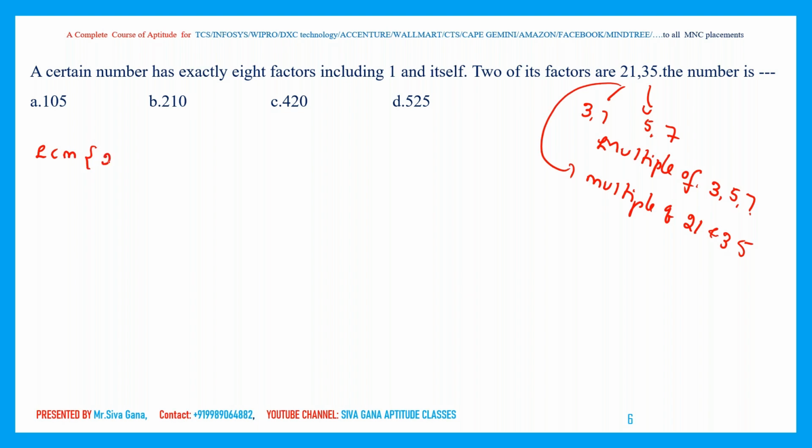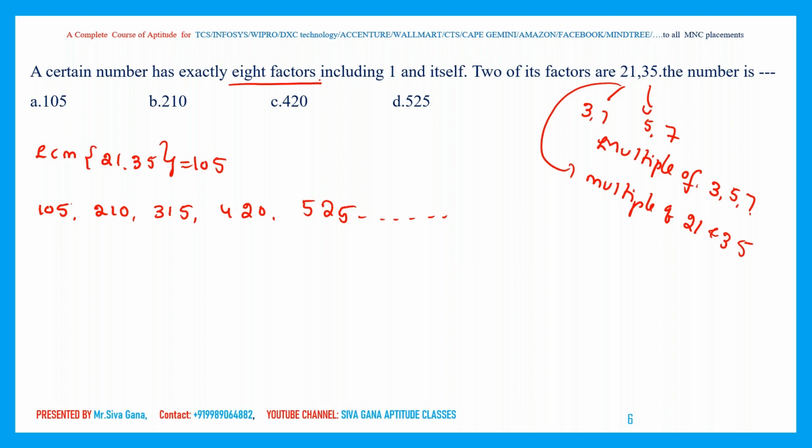LCM of 21 comma 35 is nothing but 105. So one number is 105. Another multiple is 210, another is 315, another is 420, another is 525. Like this, there are many numbers which are multiples of 21 comma 35. Now it should have exactly 8 factors.